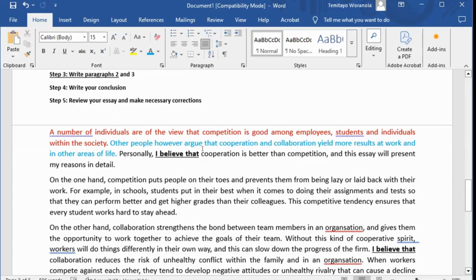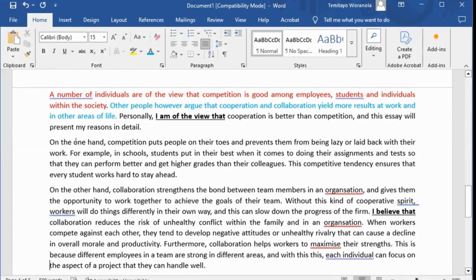Personally, I believe that cooperation, let me change this one because "I believe" is showing up too often. Let me change it to: I am of the view that cooperation is better than competition. And this essay will present my reasons in detail. That's my introduction. It looks okay to me.